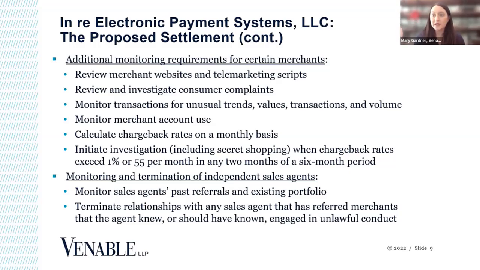And so as part of the settlement, EPS has to actively monitor its sales agents' existing portfolio to look for any bad actors. And it also has to look at past referrals. Now, if EPS determines that any sales agent has previously referred or currently has with the company a merchant that the agent knew or should have known engaged in unlawful conduct, EPS has 3 days to terminate their relationship with that independent sales agent after uncovering that knowledge.